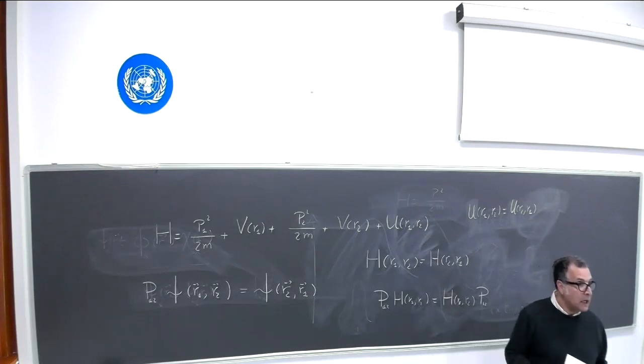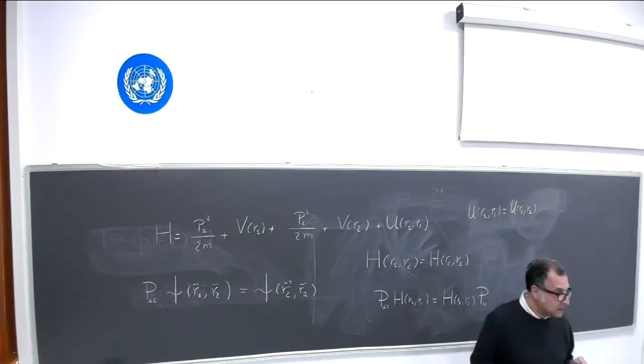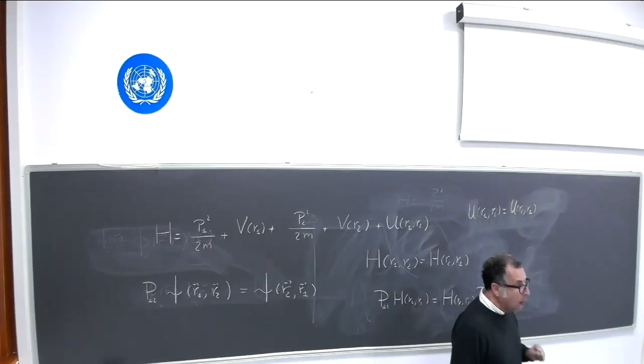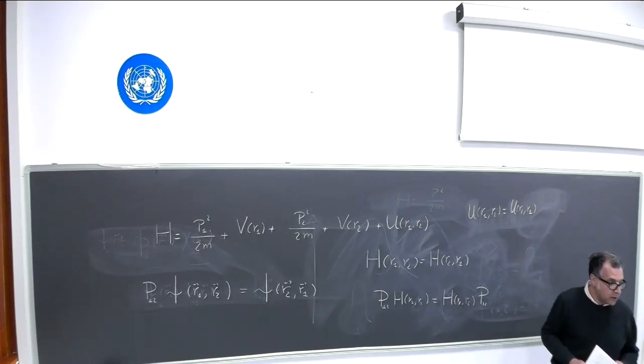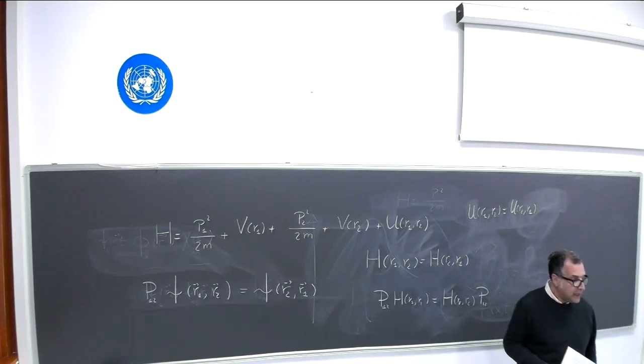Now, from here, can you tell me what the possible eigenvalues of P are? It's plus or minus 1. Moreover, if P commutes with the Hamiltonian, what can we say about the properties of the eigenstates?